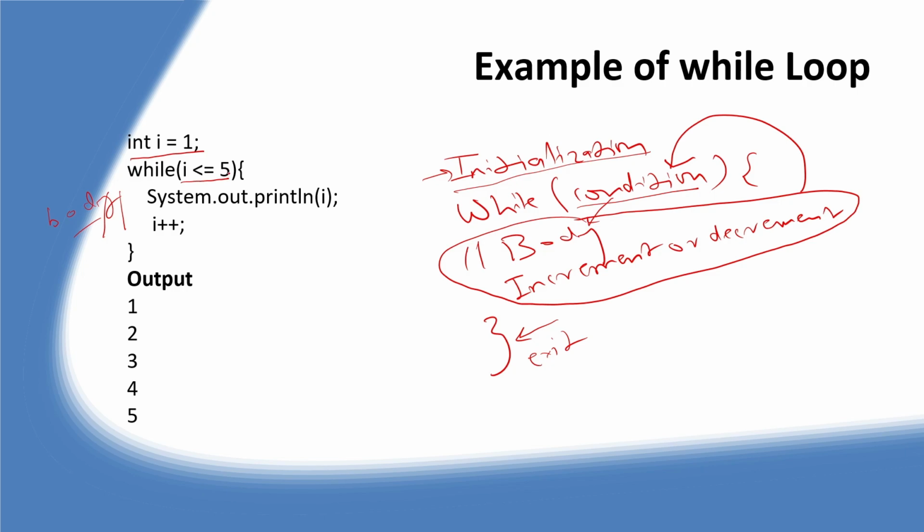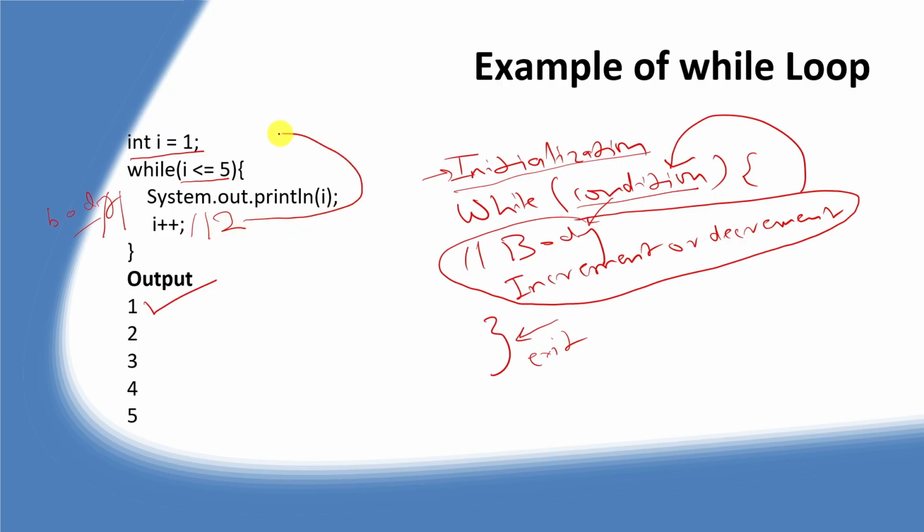Is the condition true or false? The condition is true, so it will enter the body. It is printing the value of I. The current value of I is 1, so it will print 1. Then in the next line, it is incrementing the value of I by 1, so I will become 2 now.